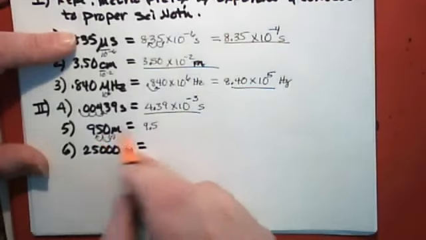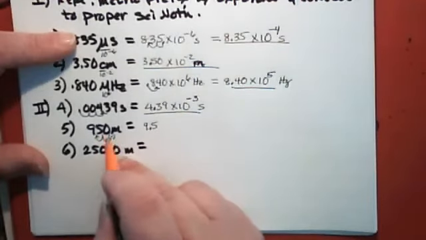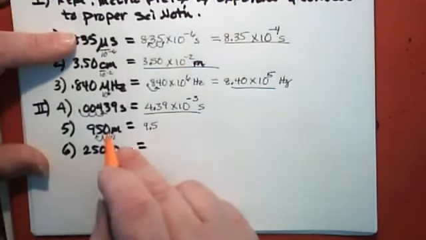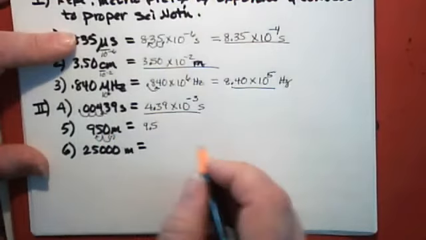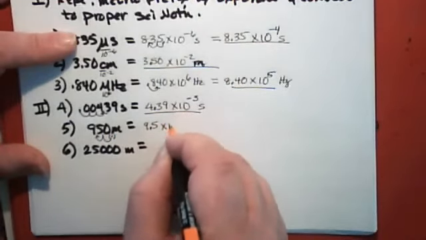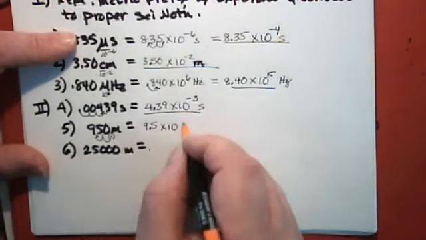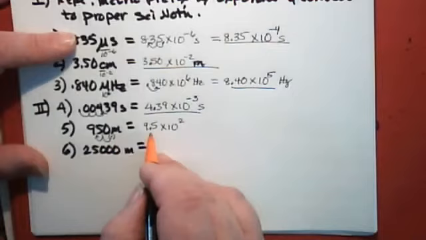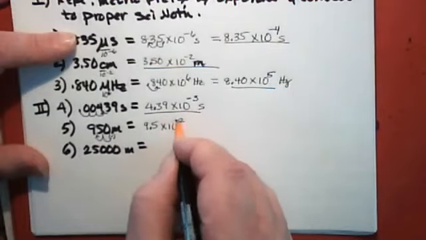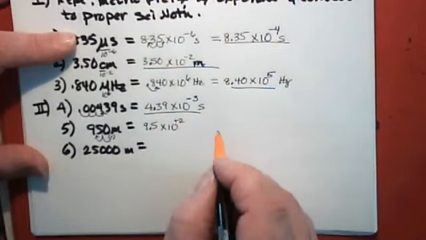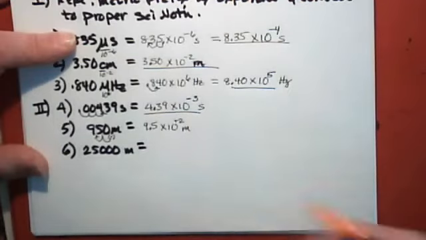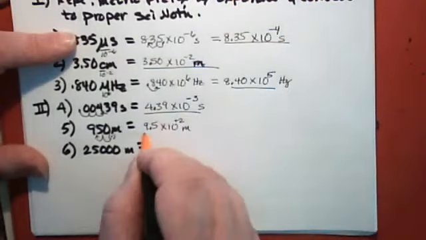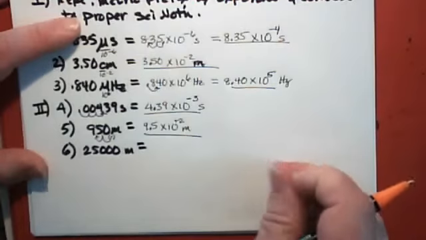But remember, it's 9.5, not 9.50, because there was no decimal point originally, and that 0 at the end doesn't count. So 9.5 times 10, we moved the decimal point 2 places, and we moved it in the direction that makes the first part of the number smaller. So we use a positive exponent, in this case, meters. Okay, so 9.5 times 10 to the second.